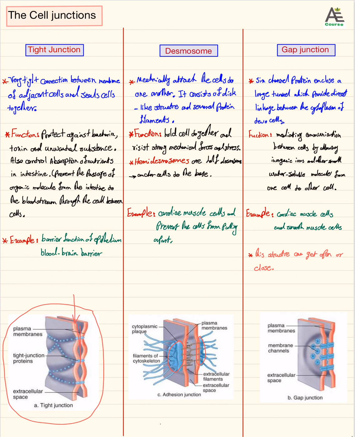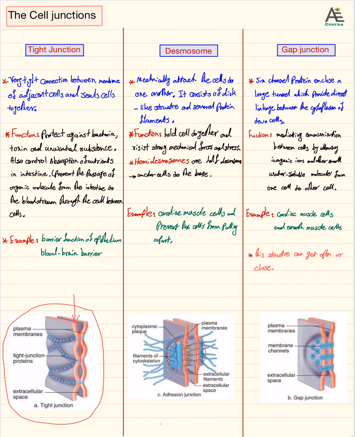One of the important functions of this type of junction is to hold these cells together, prevent mechanical stress, and make the cells resist those mechanical forces or stress. In between the cardiac muscle cells, this junction ensures that after each heartbeat, the cells will not pull apart.